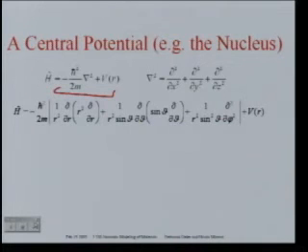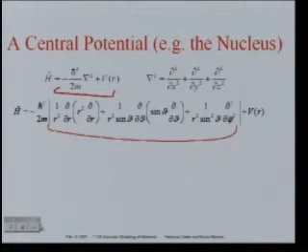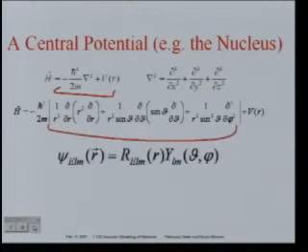axes. Again, the solution is fairly complicated, so I won't really go into this, but this is how our Hamiltonian, the left part of the stationary equation, would look for this central potential, having just rewritten the second derivative from Cartesian coordinates.